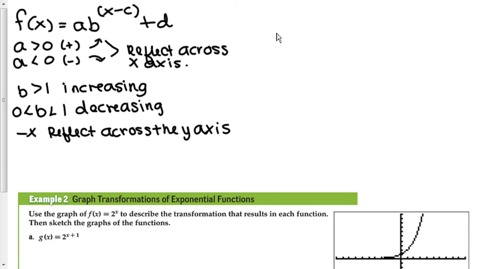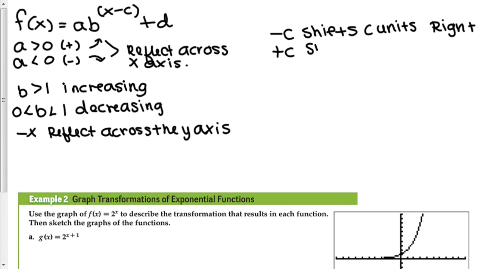C. For negative c, our graph shifts c units right. For plus c, our graph shifts c units left.